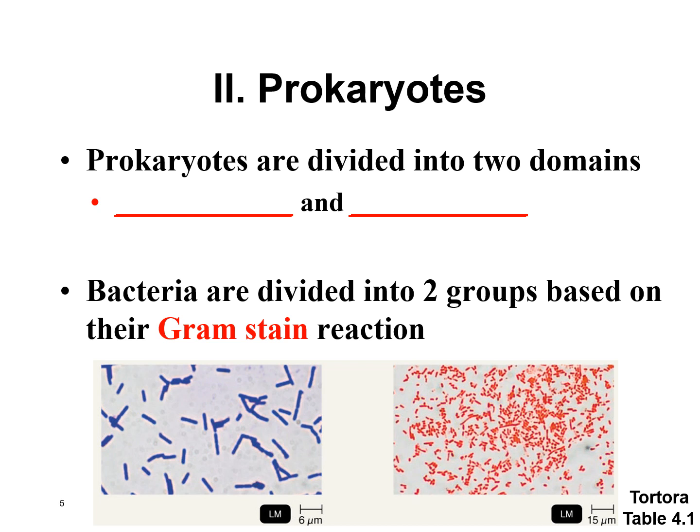Okay, and we're just going to be focusing on the prokaryotic cells here. So let's take a look at the two domains that prokaryotic cells are divided into. So remember, they're divided into domain Bacteria and domain Archaea.